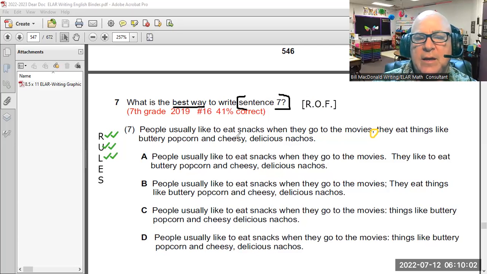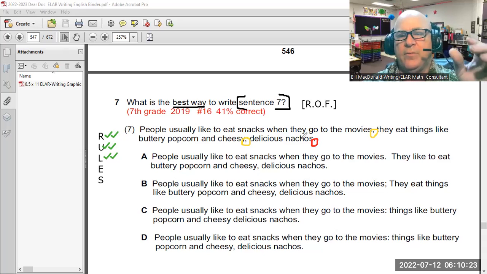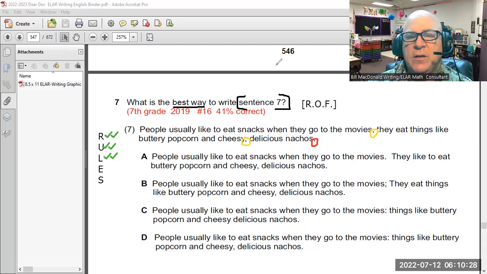They eat things like buttery popcorn and cheesy, comma, delicious nachos, period. So what we want to notice here, comma, we bounce on the table, comma, we bounce on the table. So if you're paying attention, instead of them slowing the sentence down right here, they should have drawn a stop sign, because this is in fact a run-on.